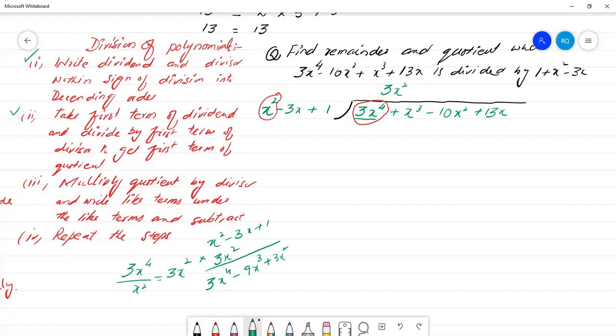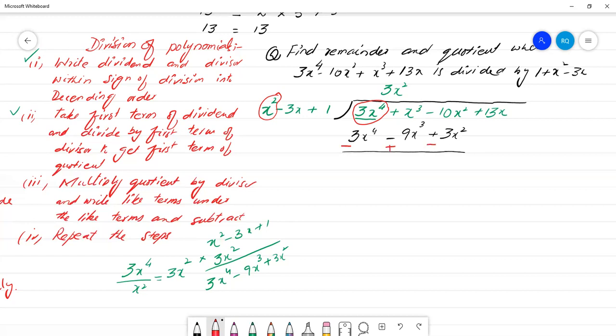You have to write like terms under the like terms. What's the meaning of this? Under x4 you have to write the x4 terms, under x cube you have to write the x cube terms, and under x square you have to write the x square terms. Change the sign of the second term: plus becomes minus, minus becomes plus, plus becomes minus.